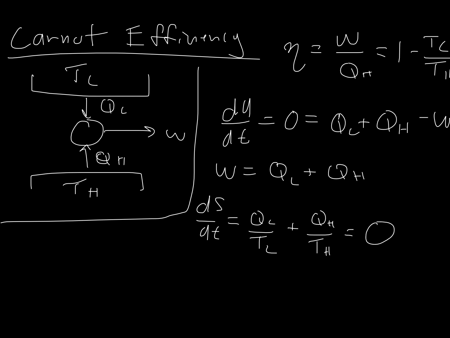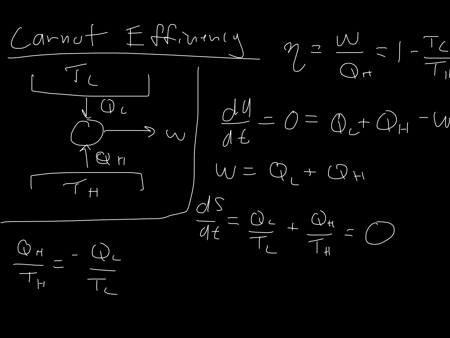We're assuming no losses in this particular case. Technically, it's greater than or equal to 0. So then we could write that QH over TH is equal to minus QC over TC.